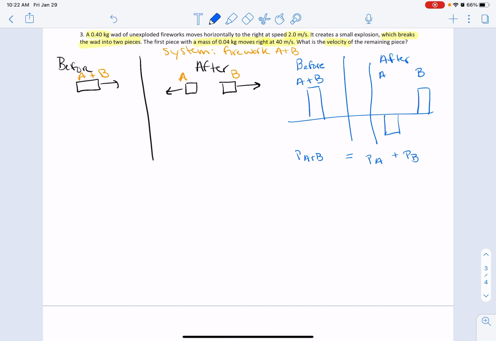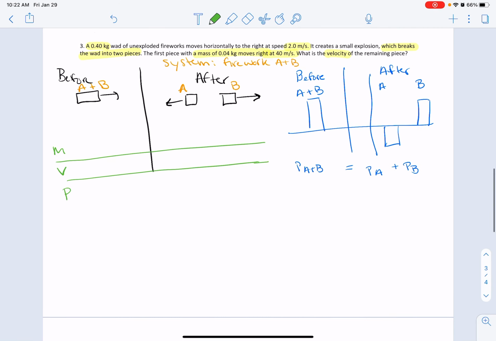So now let's make that same chart as before. We have the masses, we have the velocities, and the momentum. Okay. What is the mass of A and B together? It's going to be 0.4. Okay.